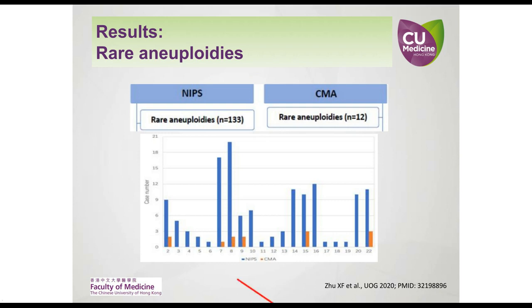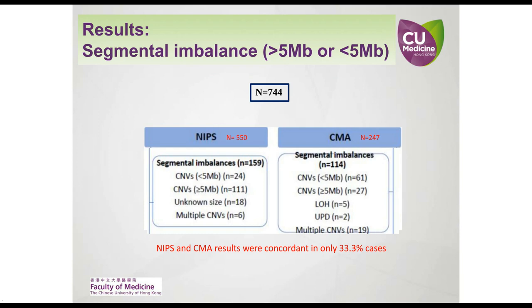They are only represented by the orange bar. So you can see that it's very little. That brings up the fact that there are a lot of false positive results by NIPT compared to a diagnostic test by microarray.